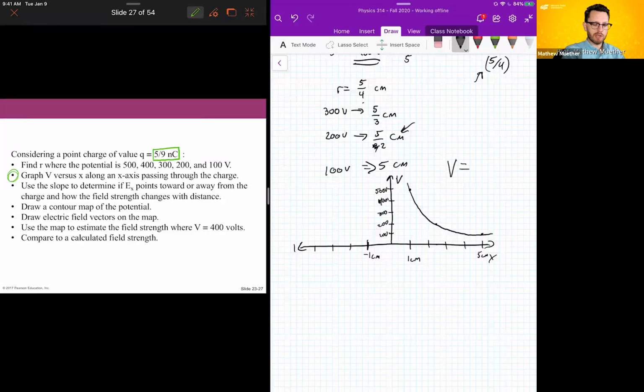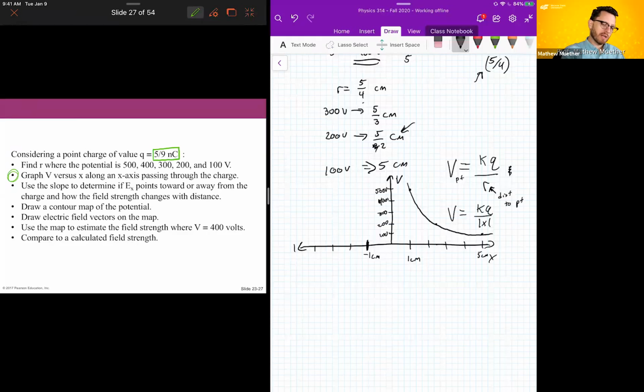So remember the potential around a point charge was equal to K Q over R, and it depends on R. This is the radial distance that I'm away. If I'm plotting this in the X direction, remember R is the distance to the point charge. So in a one-dimensional case where I'm running this X-axis through the charge, that's got to be K Q over the absolute value of X. Remember, in a radial coordinate system, any direction I go right away from the charge, I'm always taking positive values away.